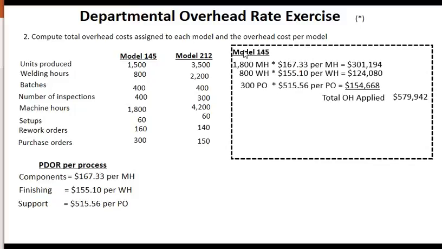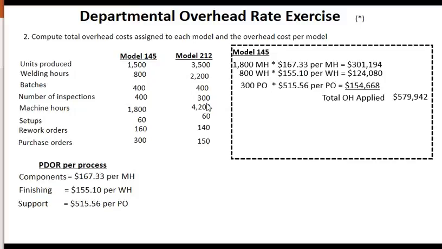And model 145, if you take a look at it this way, it used 1,800 machine hours. So I take 1,800 machine hours times $167.33. So I'm going to allocate $301,194 of overhead from components to model 145.